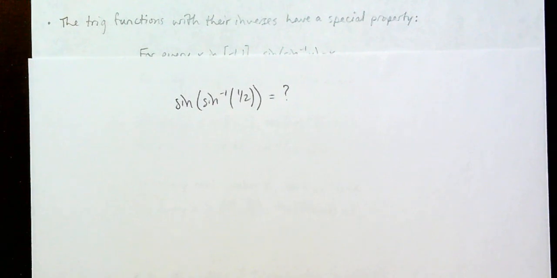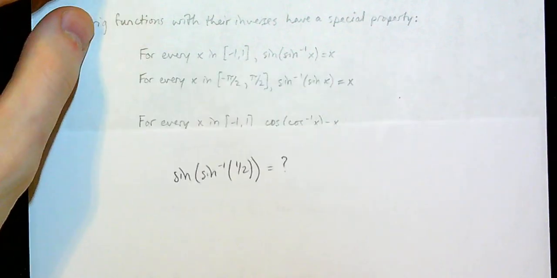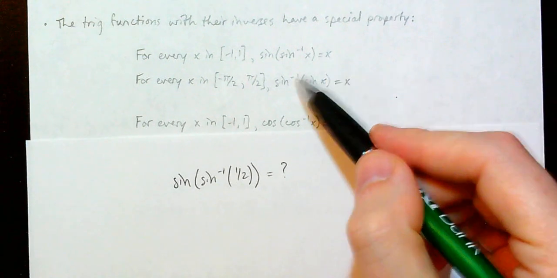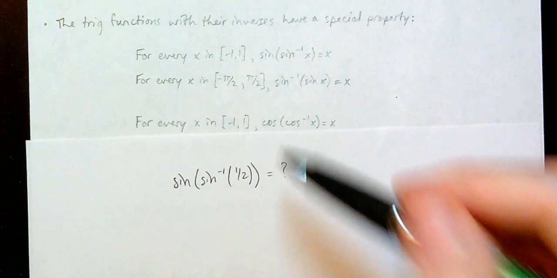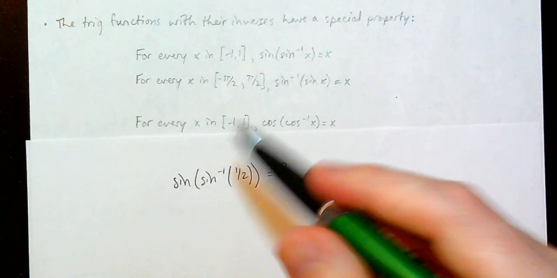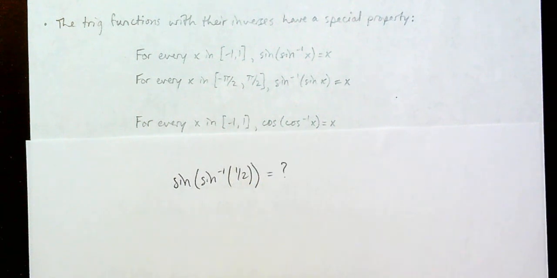If it is, then we can use this property here and just say that the answer is just my x value, or in this case 1/2. If it's not in the domain, then this thing does not make sense, and we can't give any answer whatsoever. We would say that it is not defined.